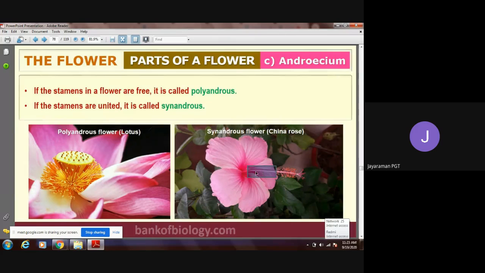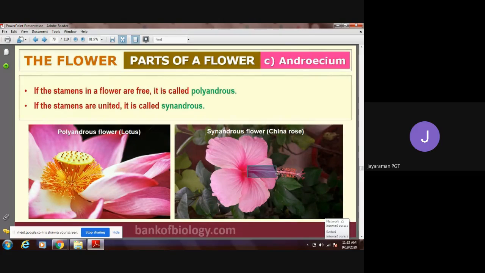The marked tube is called the staminal tube, like our vertebral column, but the spinal cord runs inside the vertebral column. Like that, the style runs inside. It is the white color style, white color tube. From the stigma, it continues directly and comes attached to the ovary. That is known as the style. The style runs inside, inner to this tube. But this tube is known as a staminal tube.